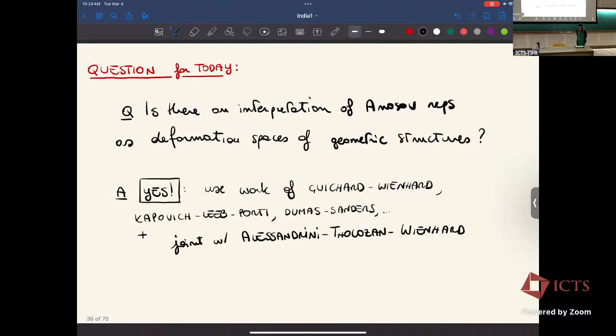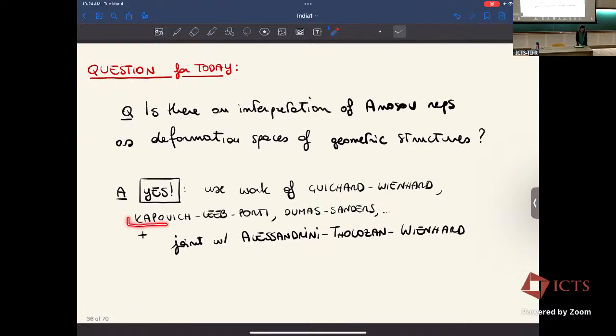The answer is yes, and this is really wonderful work of Guichard and Wienhard and Kapovich, Leeb and Porti. Today I will mostly use the point of view of Guichard and Wienhard. They were the first to define this domain of discontinuity in many cases.